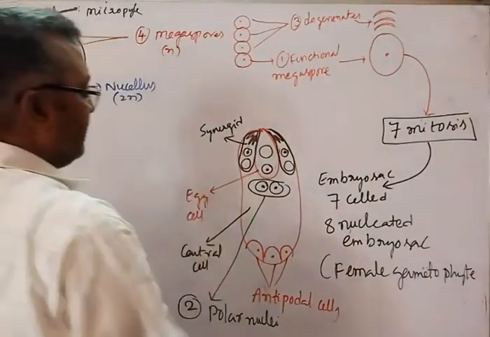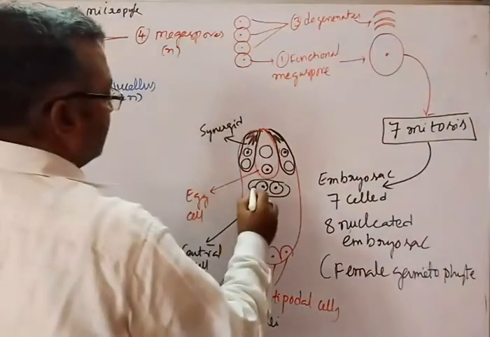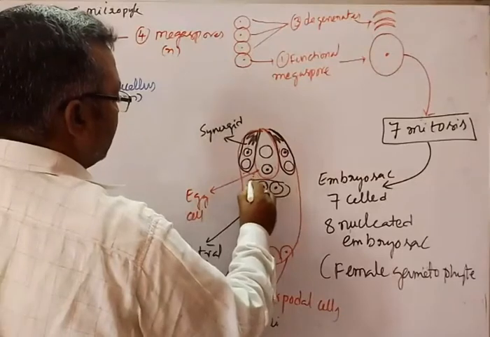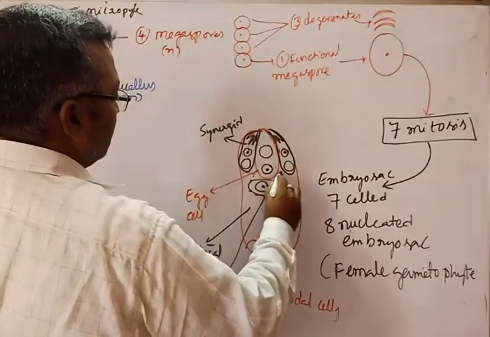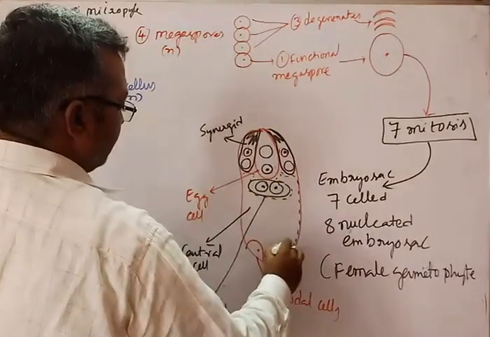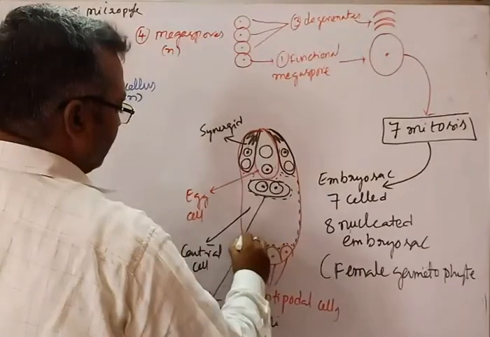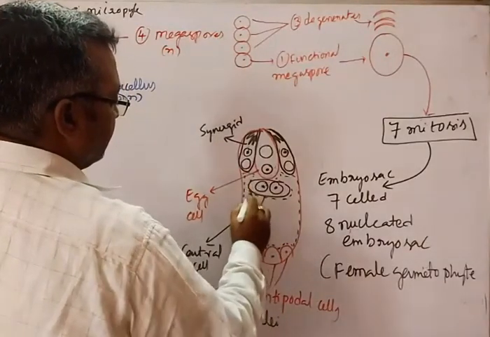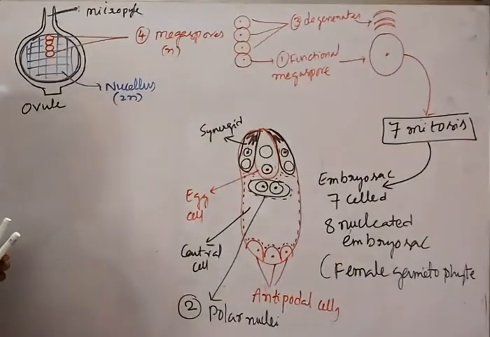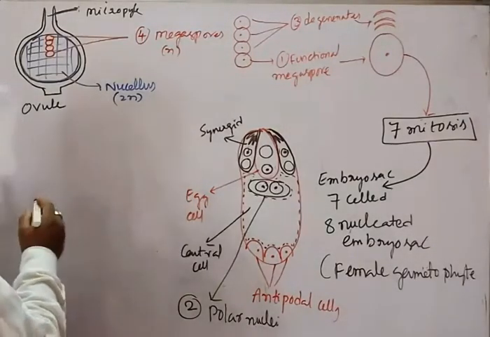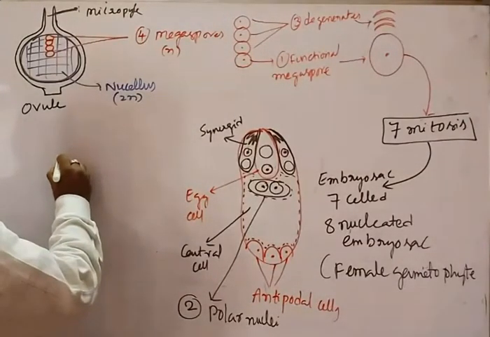This is called the female gametophyte. The central cell will have a big vacuole. That means if you take the ovule, once again I am showing.